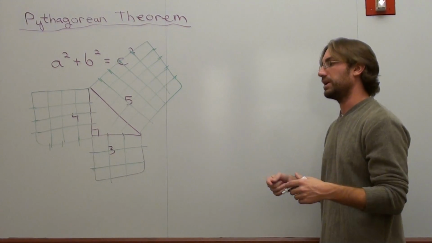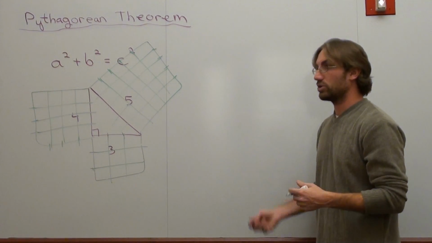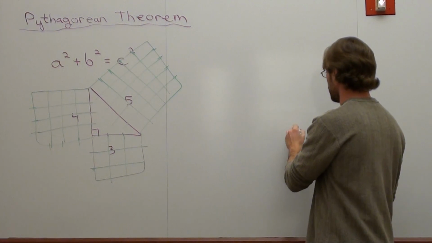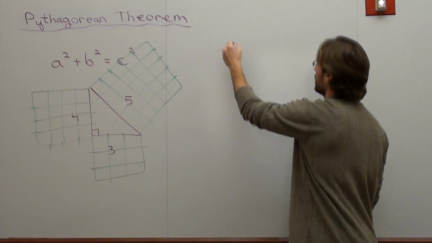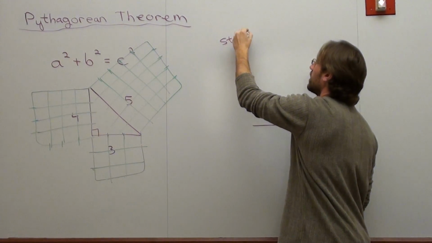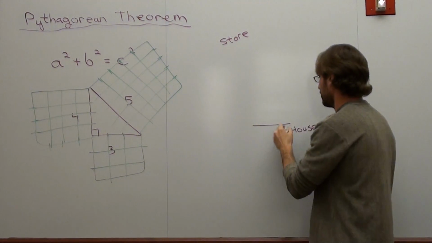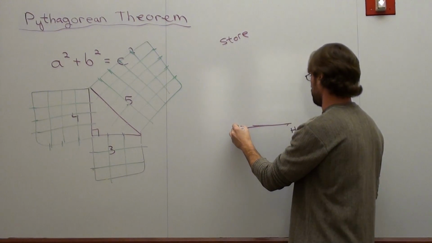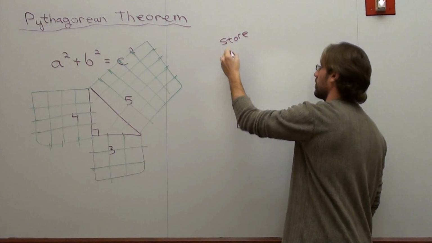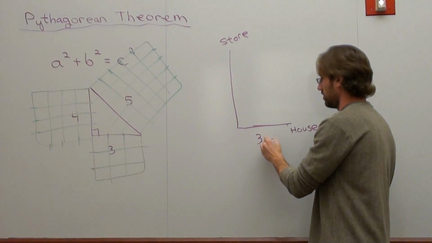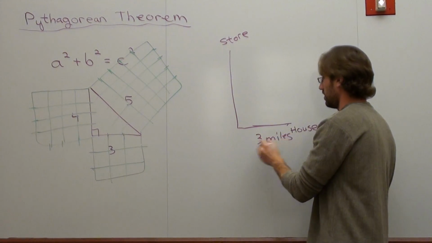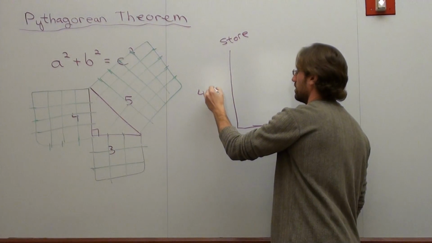So let's suppose you want to go to the store from your house. So here's your house, and here's a store. You're going to go through the streets. You're going to go this way, then you're going to cut to this road. Let's just say this way is 3 miles, and this is 4 miles.